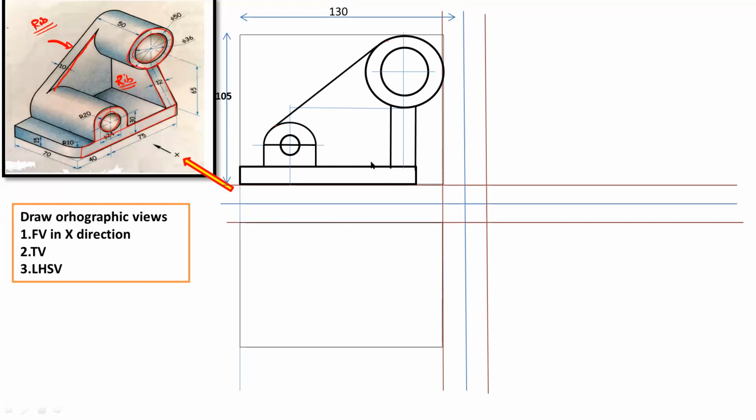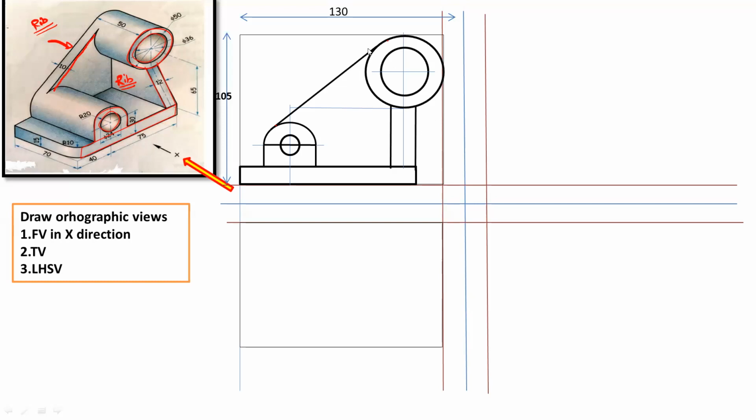Now for the top view, again observe from the top direction, the reference rectangle with the maximum height and maximum width. From the top view, the maximum height is equal to 70 mm. And the maximum width is equal to 40 plus 75 minus 6 plus this distance, that is 25 mm.